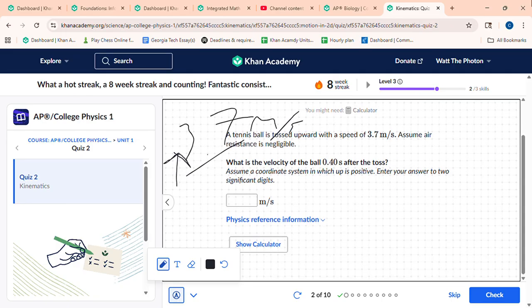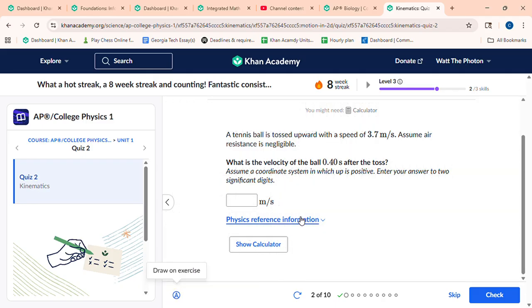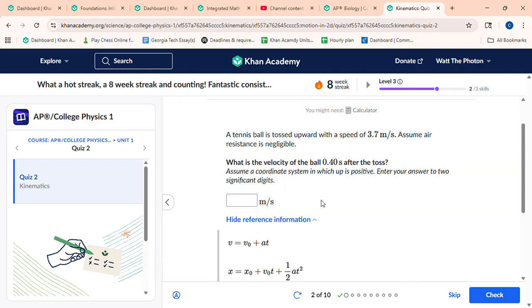What's the velocity? So v1 equals 3.7, v naught. We're trying to find v at t equals 0.4 seconds.